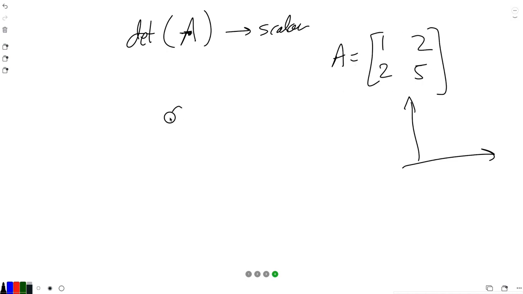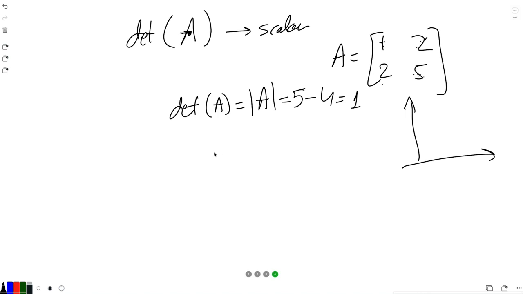The determinant is sometimes written as det A, or as the magnitude of A. In a 2 by 2 matrix it is very easy to find. You multiply the main diagonal, 1 by 5 is 5, minus the other diagonal, 2 by 2 is 4, so the result is 1. So the determinant of matrix A in this case equals 1.